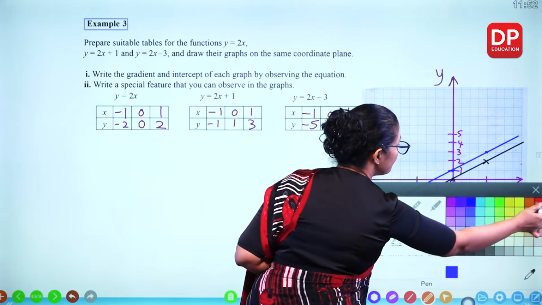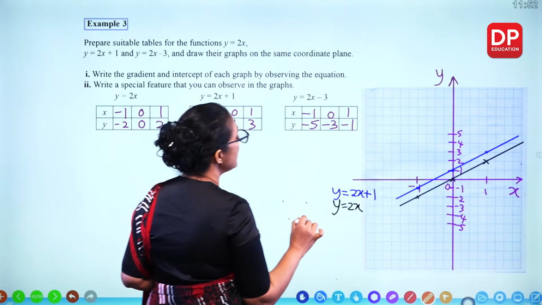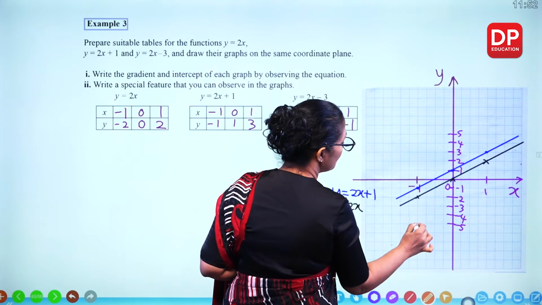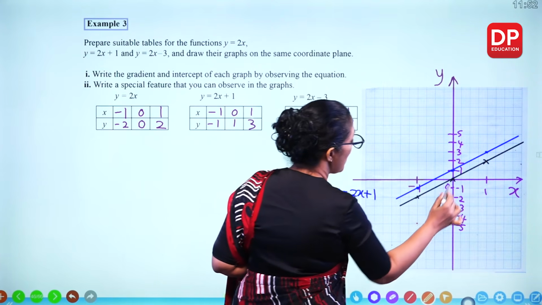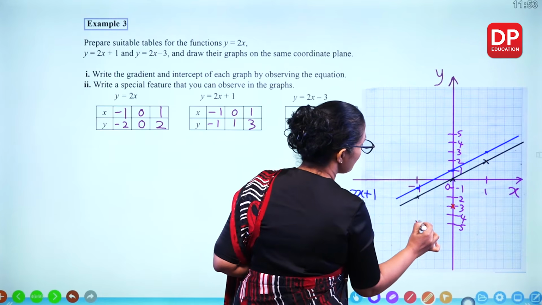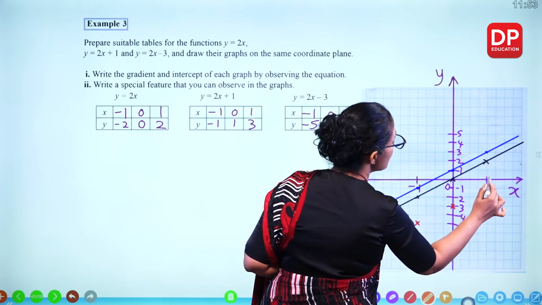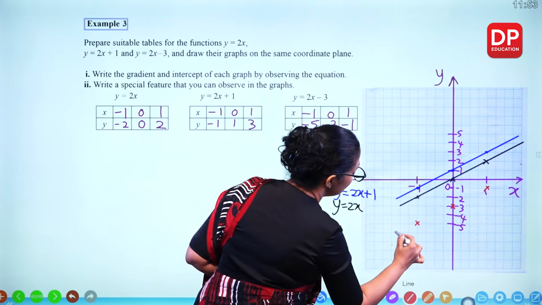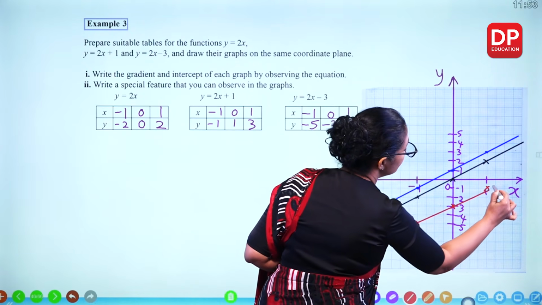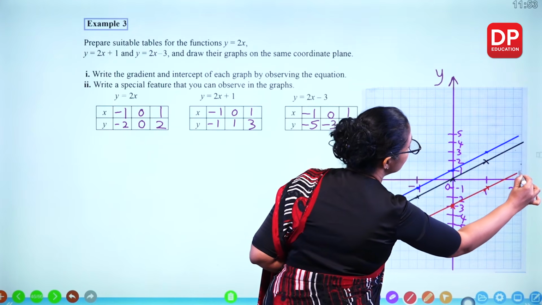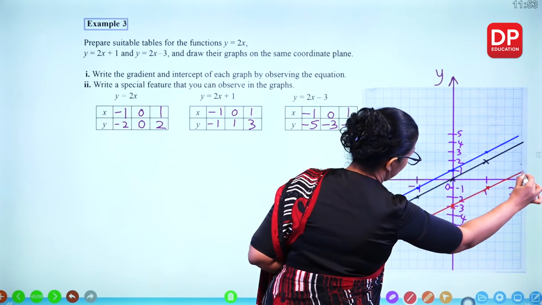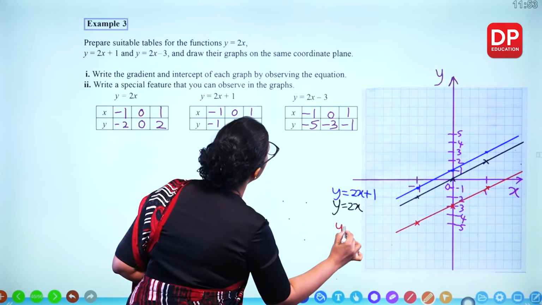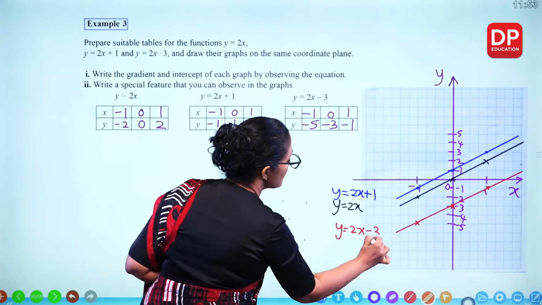Other one. -1, -5. 0, -3. 1, -1. Connect. So this is y equals 2x minus 3.